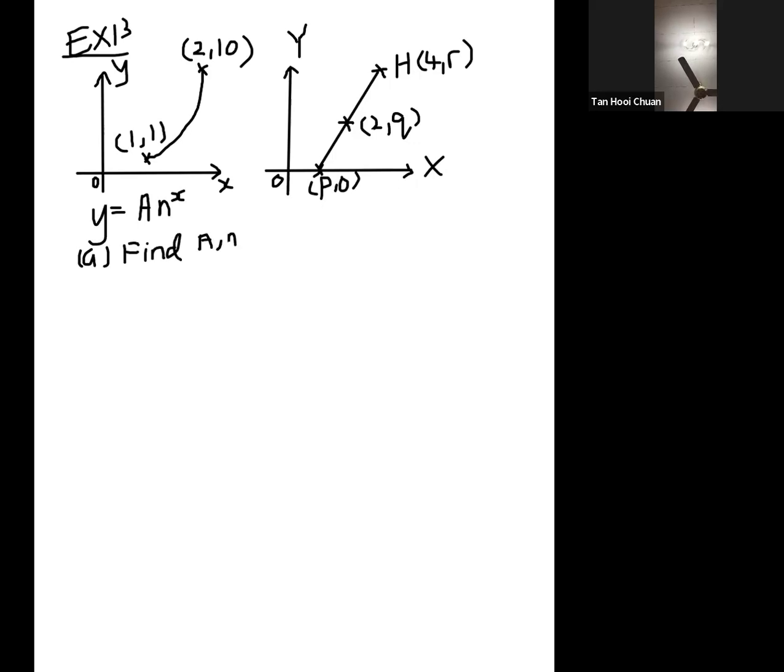Part B, they want you to find P and Q. Part C, they say h in this one, refer to this value. They want you to find what is R. C2, they want you to find corresponding value of Y.